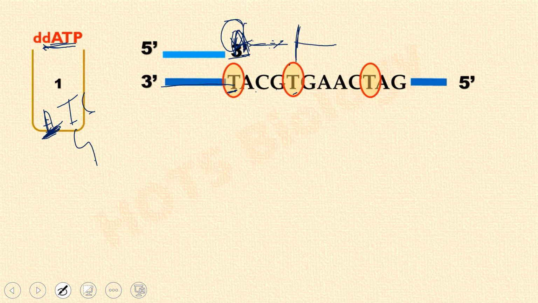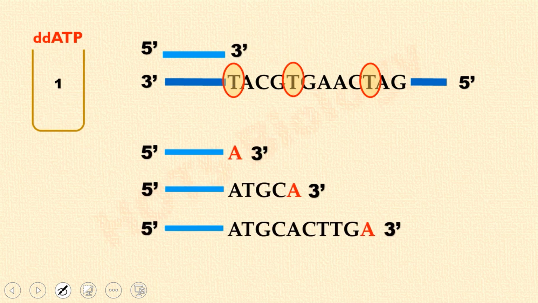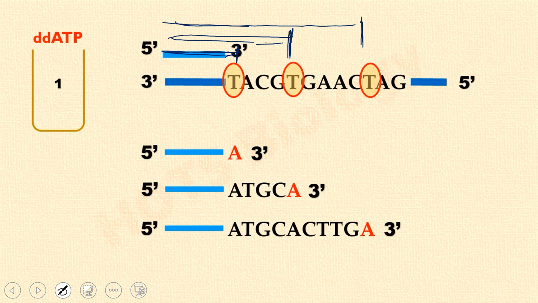So we have three different kinds of chains: the chain will be terminated here, or elongated up to here, or elongated up to here. So in this tube we have different DNA fragments: this is one strand, this is another strand, and this is a third strand. That means this much big DNA, this much, and this much.